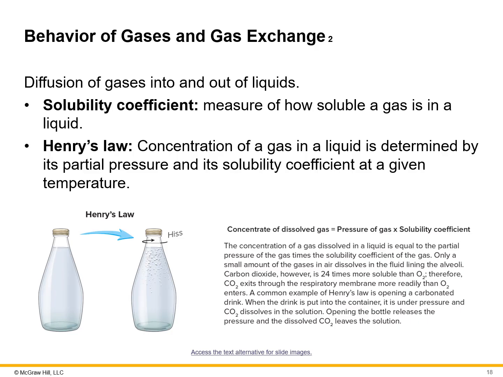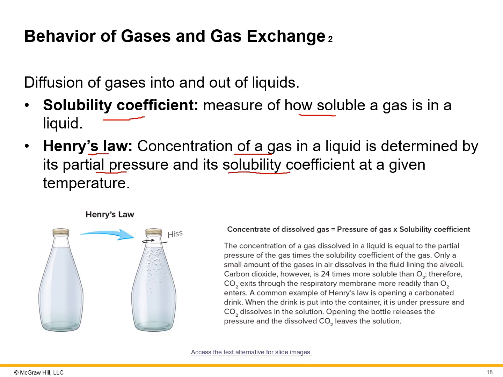All right, so for the diffusion of gases, we have what's called the solubility coefficient. This is the measure of how soluble a gas is in water. So does it dissolve in water? We have yet another law. Now it's Henry's turn. Henry's law says that the concentration of a gas in a liquid is determined by its partial pressure and its solubility coefficient.